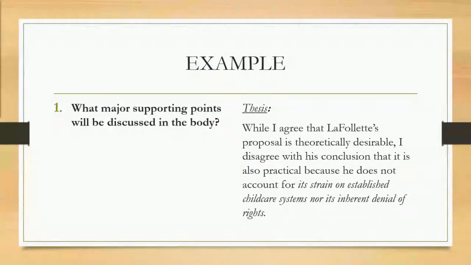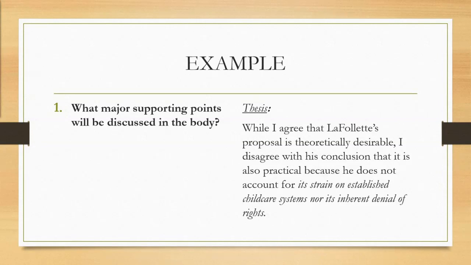So based on this thesis statement, what are the major supporting points that will be discussed in the body of the essay if this is the thesis statement for that essay? Well, you notice that I have these two phrases italicized.